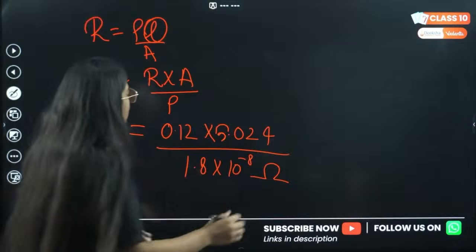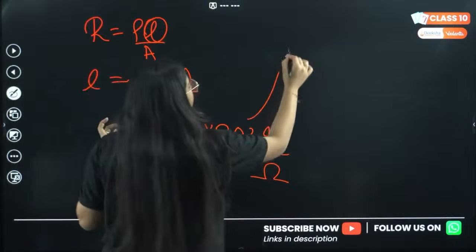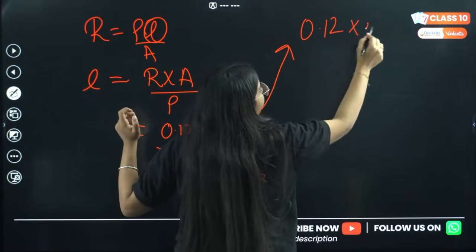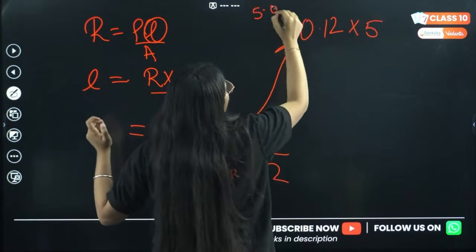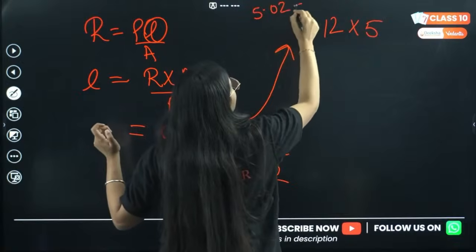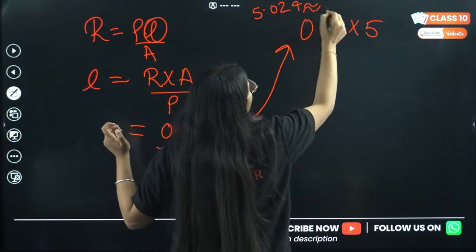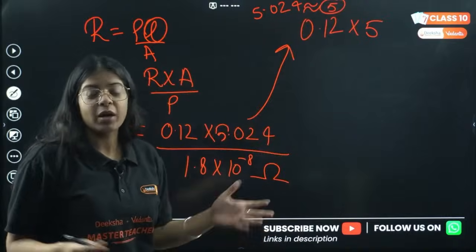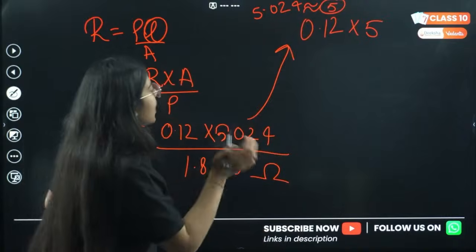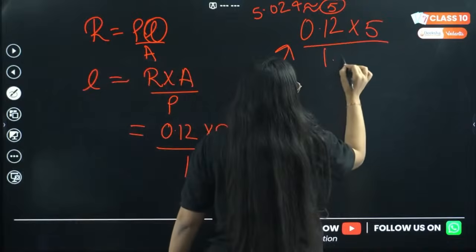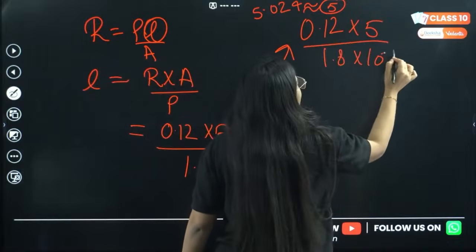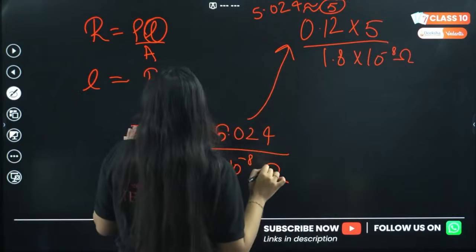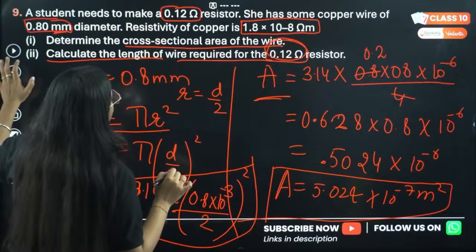If you don't have much time, you can do 0.12 into 5, because this is 5.0 and after that you just have 24, so you can simply round it off to 5. If you can't do the calculation with 5.024, just write 5 and 1.8 into 10 raised to power minus 8 ohm. Okay, correct.